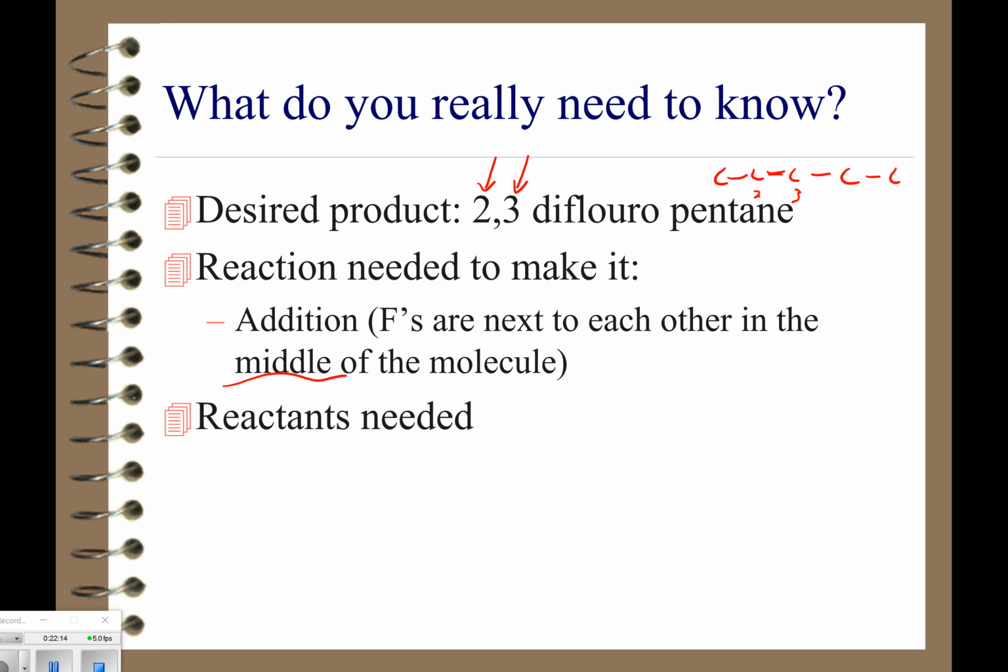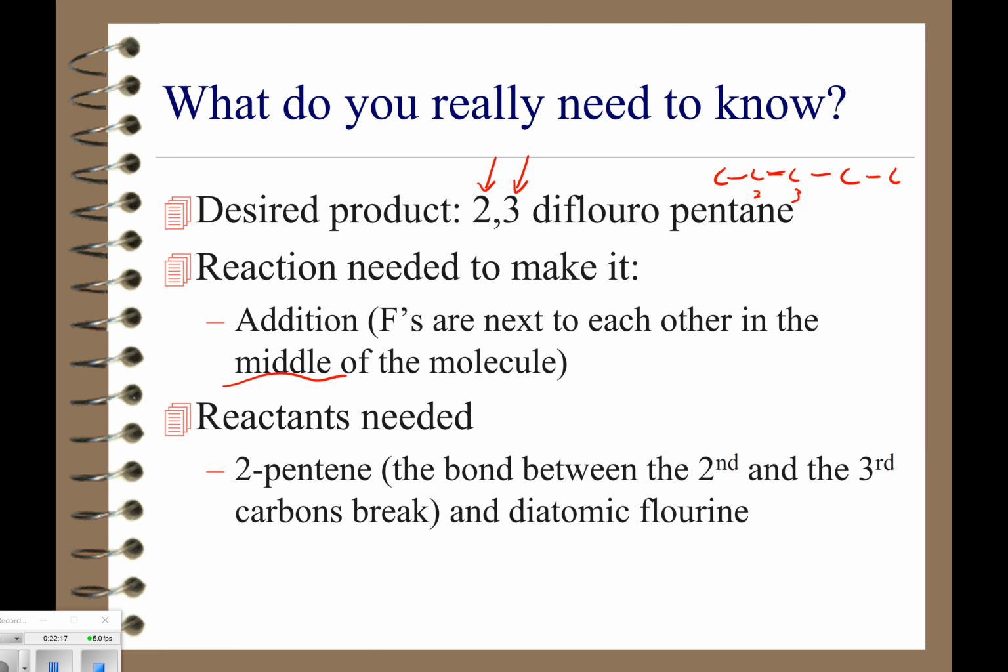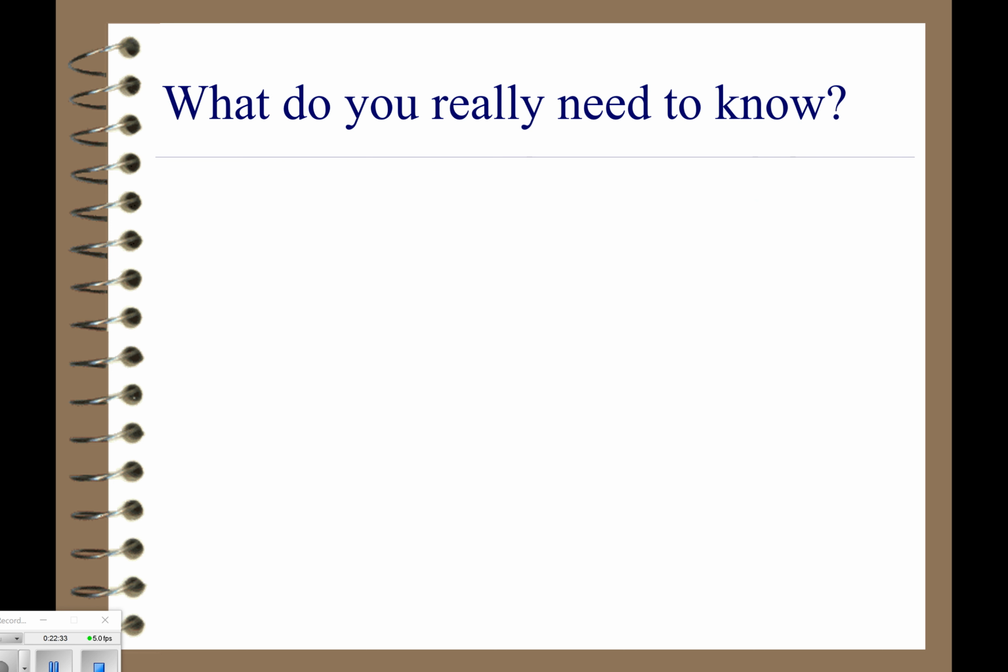And in this case, we're going to need a double bond. So we're going to need 2-pentene, double bond on the second carbon, and diatomic fluorine. And this bond will open up, and we'll be left with 2 bonding sites in order to add the 2 fluorines onto that molecule.